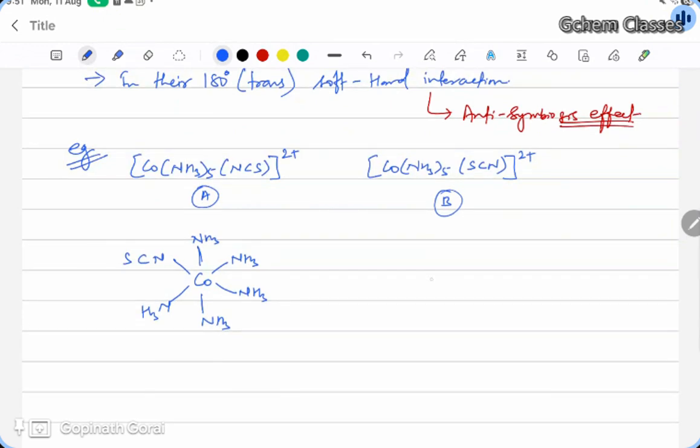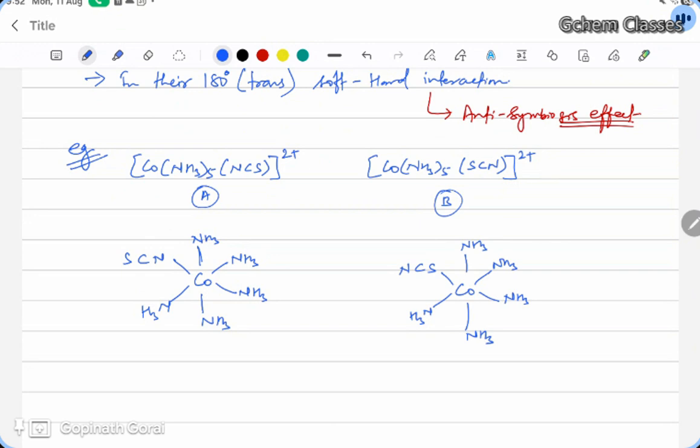Now the second one, cobalt: always, if you are having confusion, draw it and then see. Cobalt, NH3 five times, and it is connecting through S, C, and N.